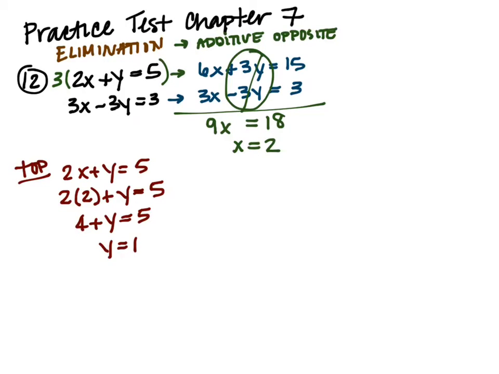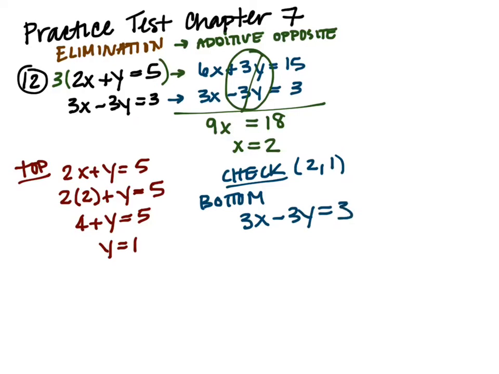Now I'm going to check my solution, and I have to do that in the other equation. So if I started with the top equation, I'm now going to be working with the bottom equation. So the check has to be done with the other equation, and I'm going to check 2, 1 into the bottom equation. So that's the equation that says 3x minus 3y is equal to 3.